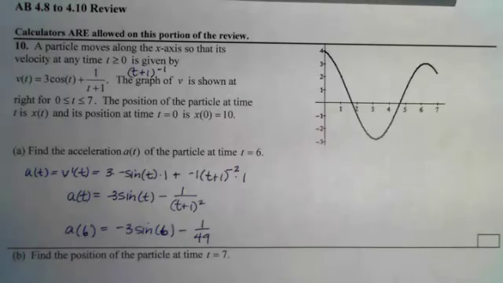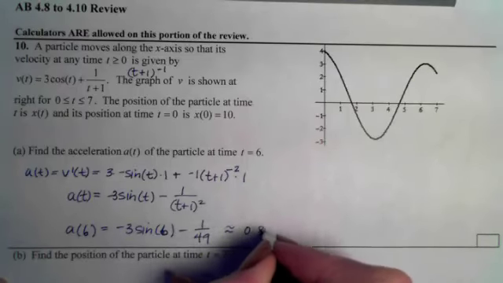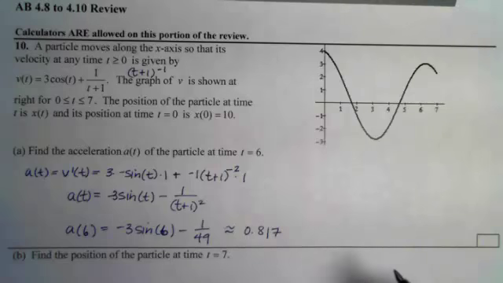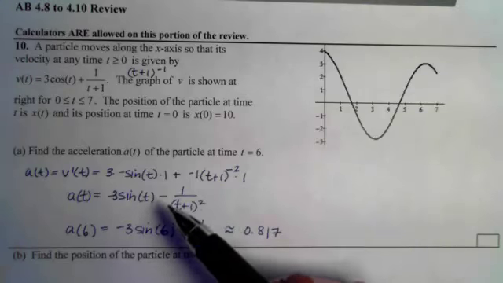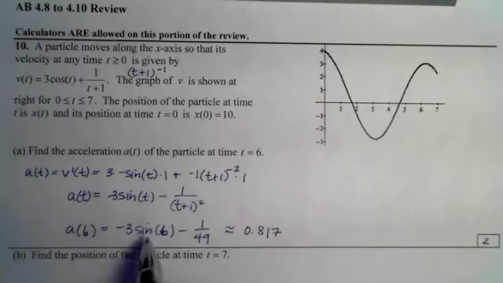And you can leave it like that, or you could give me the decimal approximation, which would be 0.817. So for this you get 2 points, 1 point for the derivative and 1 point for plugging in the 6. And either one of these answers would be correct.